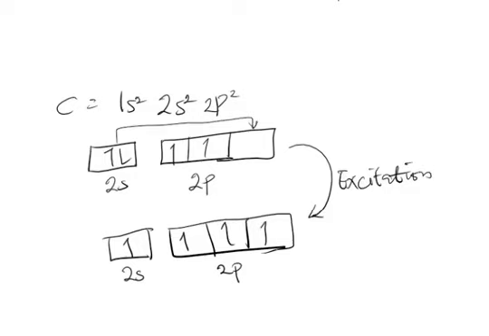Alright, so having gotten the concept of excitation, I'd like us to now proceed to the hybridization of orbitals. So let us take note that alkanes are sp3 hybridized.